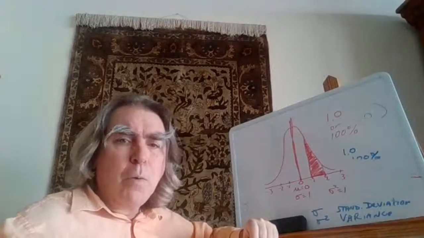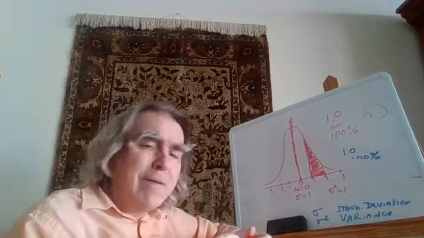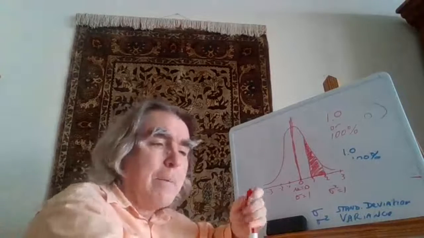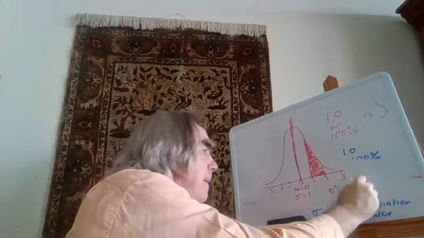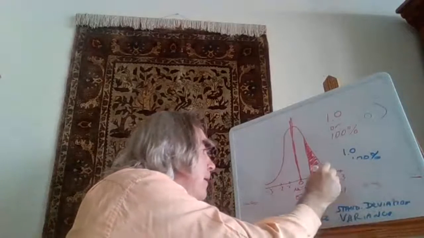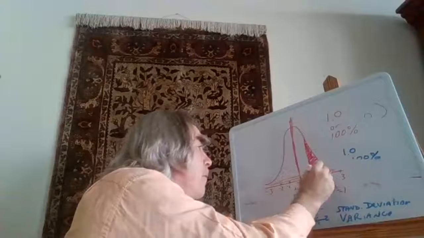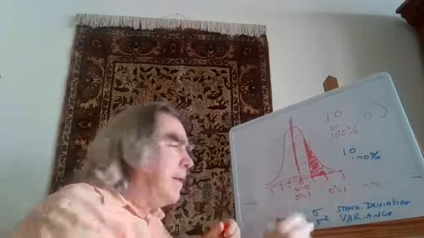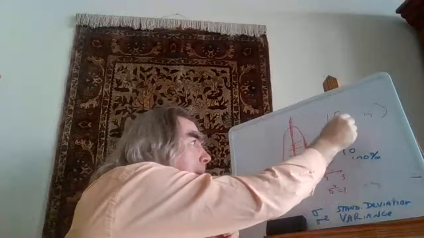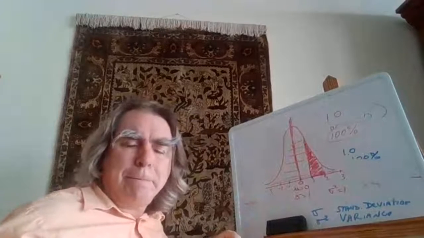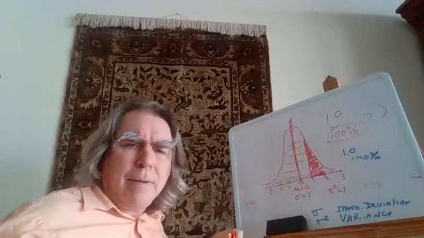Okay. What is the probability of getting an answer from minus infinity to positive infinity? Well, it is the area of the whole thing, right? And what's the area of the whole thing? 100%. Okay.